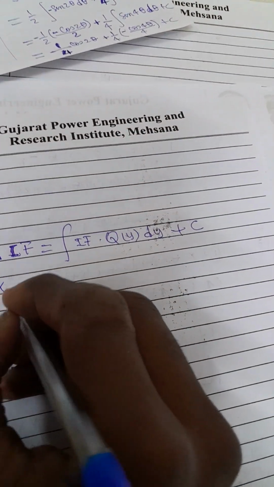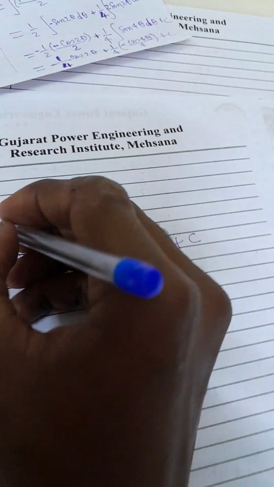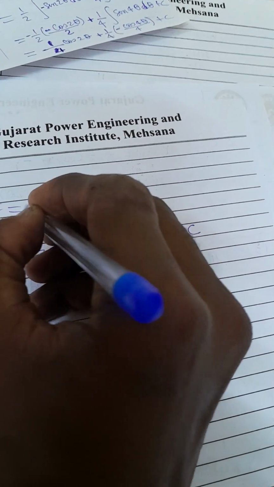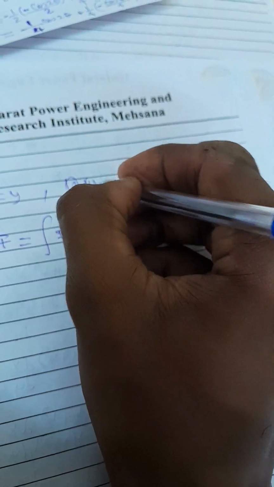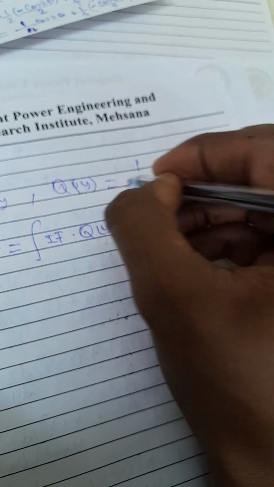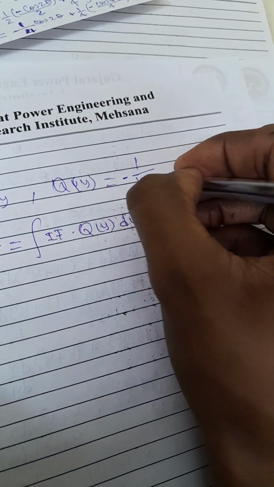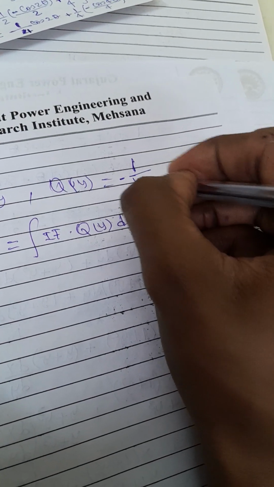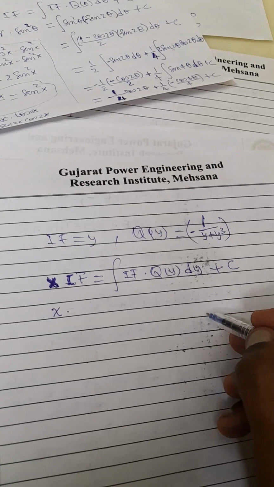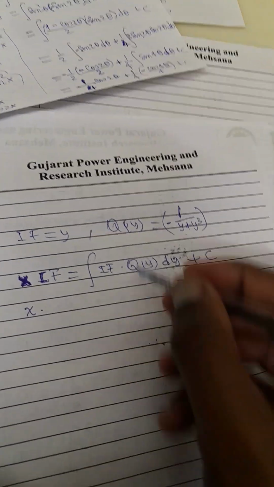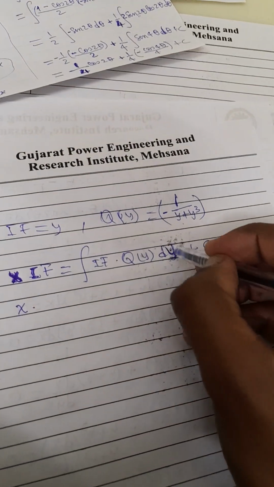The dependent variable is x. We have already calculated IF will be y. Then q of y we said is minus 1 upon (y + y cube). Just substitute. It's only a matter of substitution.